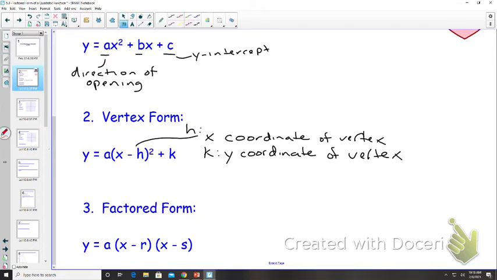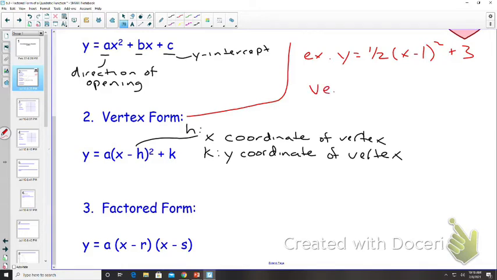If we had a function in vertex form, like y is equal to 1 over 2 (x minus 1) squared plus 3, our vertex would be 1 and 3.